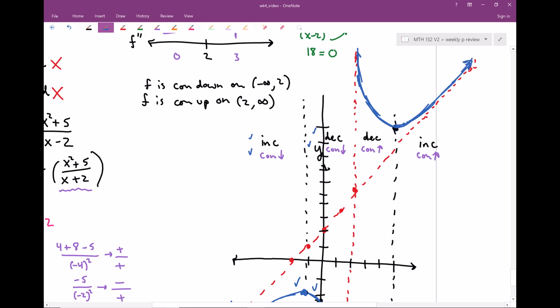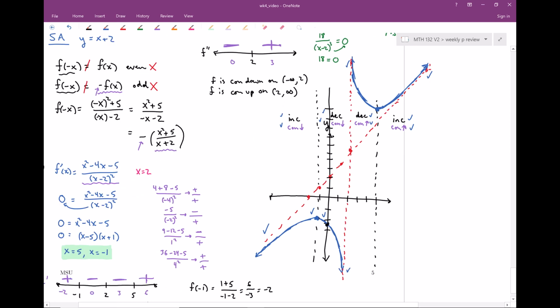Slant asymptote. There we go. So yes, this is decreasing here. As you move from left to right, it is getting smaller. It's concave up. It's bowing upward. Increasing concave up. I got that here. That's good. And then let's see. It's getting closer to my slant asymptote, and it got close to my vertical asymptote. So this seems to be a pretty darn good picture.